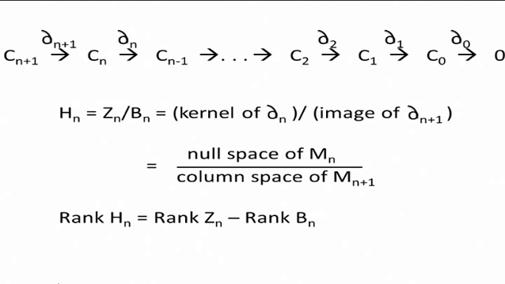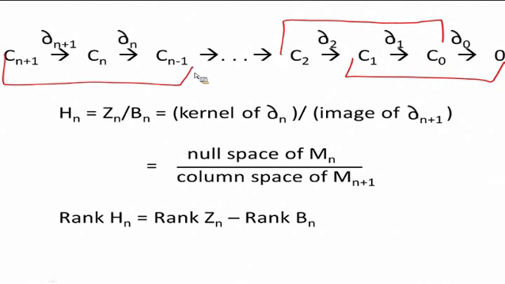We can do this in any dimension. We focused on this right here to count the number of connected components. Well, I can count the number of one-dimensional holes, or I can count higher dimensional holes using the same procedure, but use the higher dimensional maps instead.